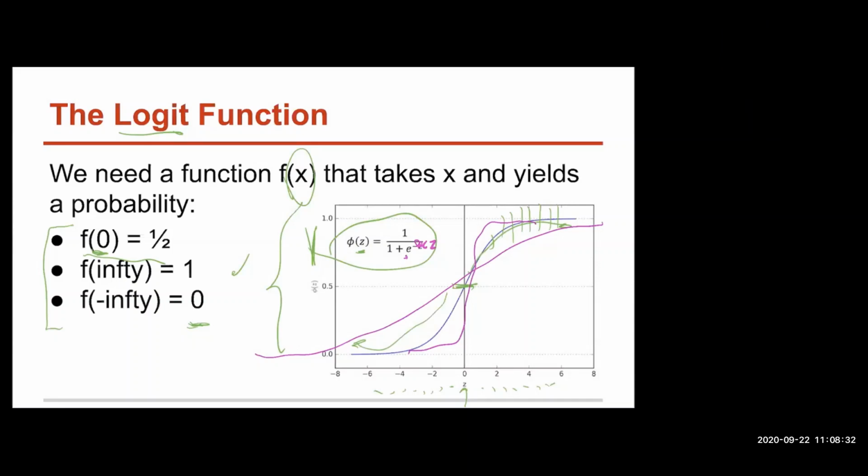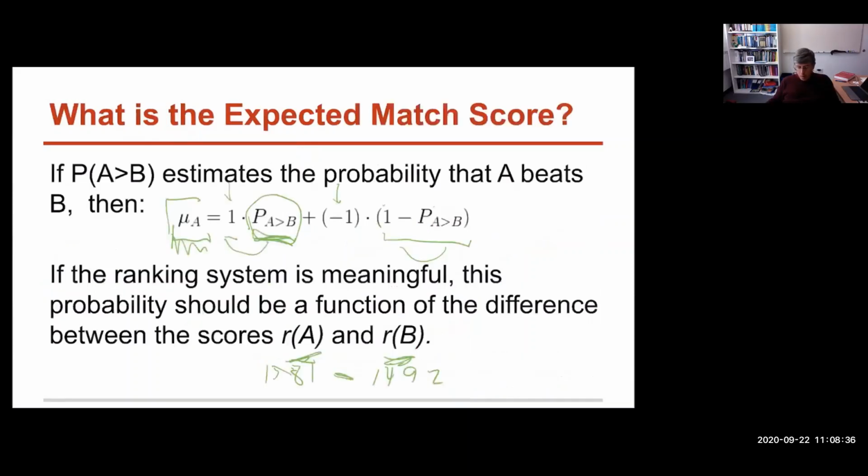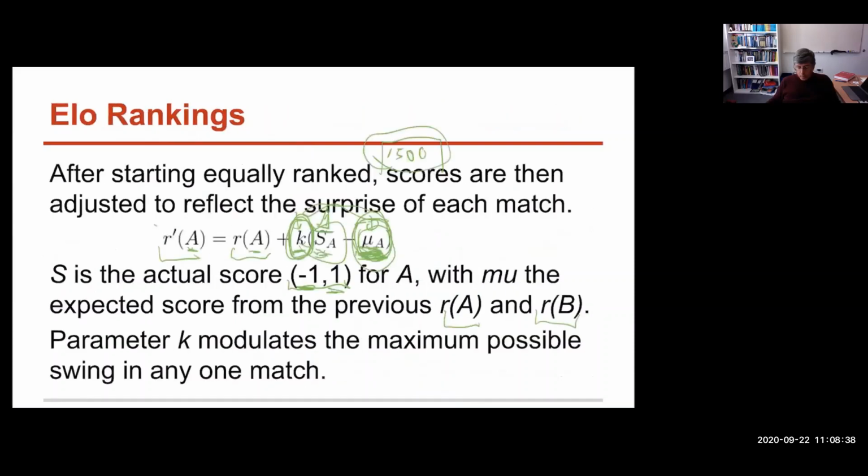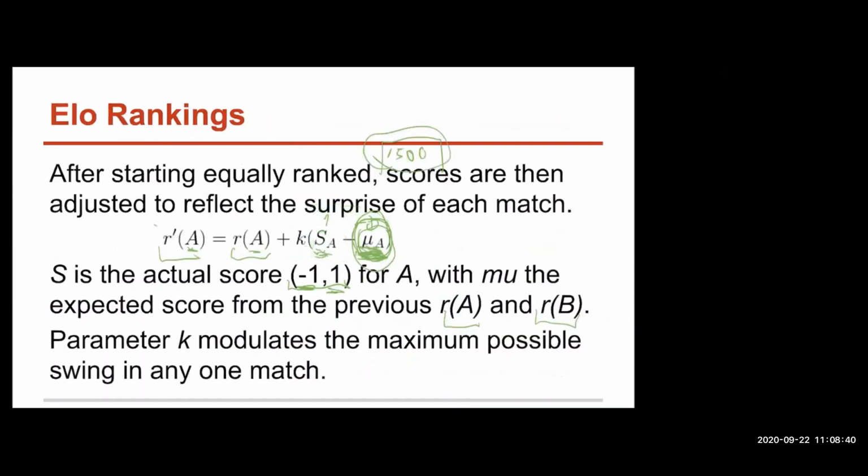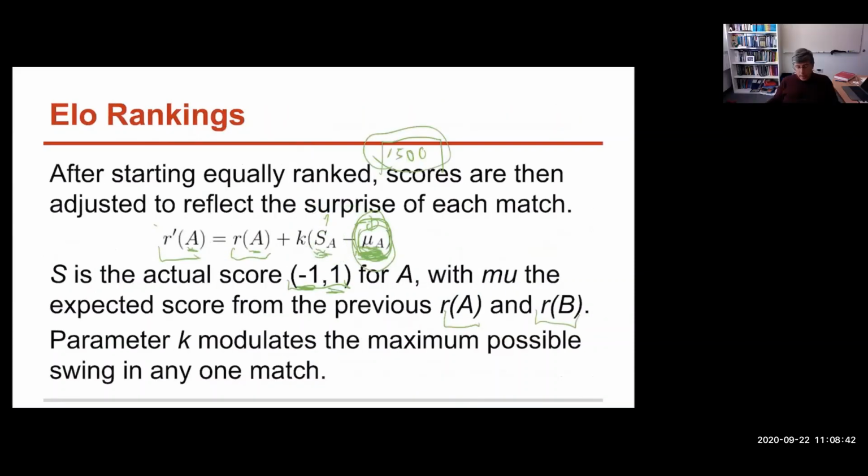How do I pick the value of k? What should the value of k be? Well, k, if we look at this, is measuring the maximum amount of swing that you should have on the basis of upsets. If you have too big a value of k, then suddenly one surprise result wildly changes everybody's ratings.